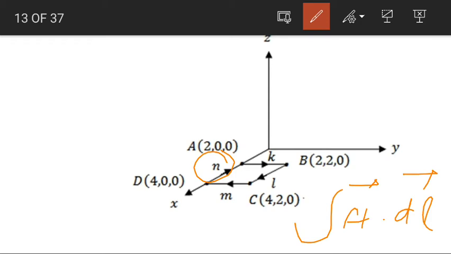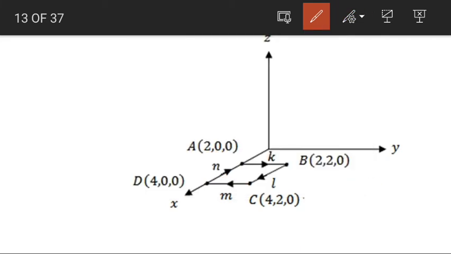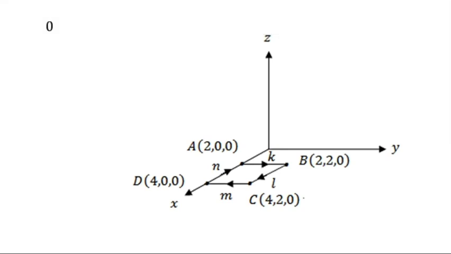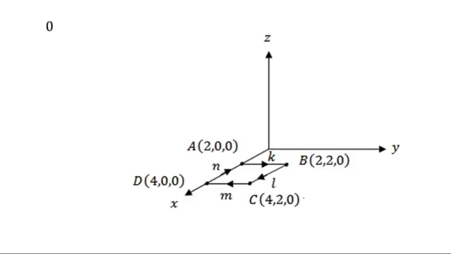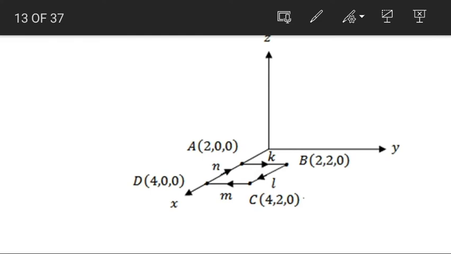So let us consider path K. We consider the straight line segment which is represented by K. You see x is constant over here, which is 2. Definitely dx will be equal to 0. Similarly, z is 0 along this straight segment.